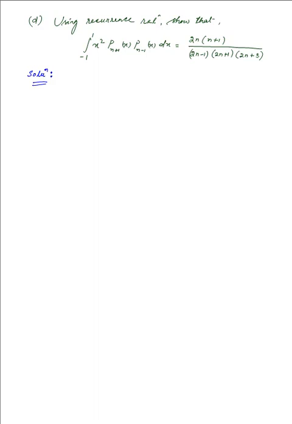The recurrence formula is 2n plus 1 times x times Pn, where Pn is Legendre's polynomial, equals n plus 1 times Pn plus 1 plus n times Pn minus 1.